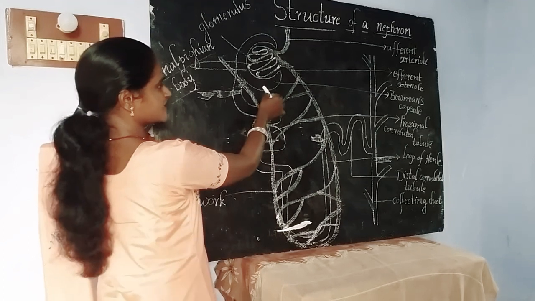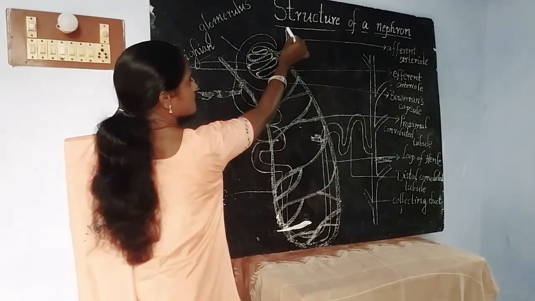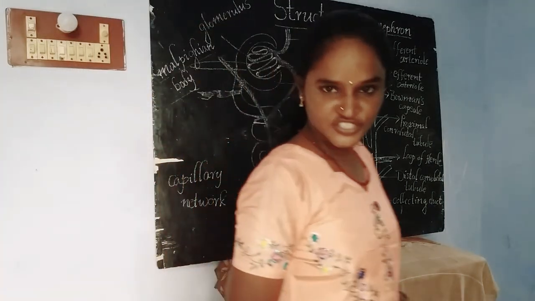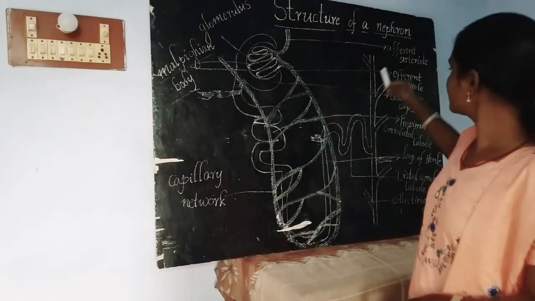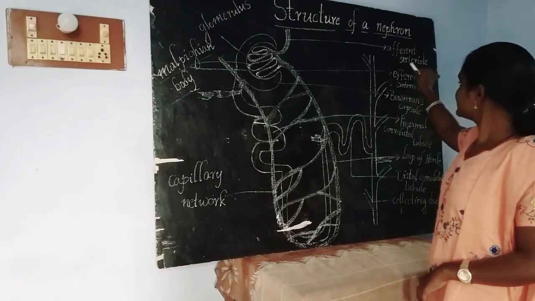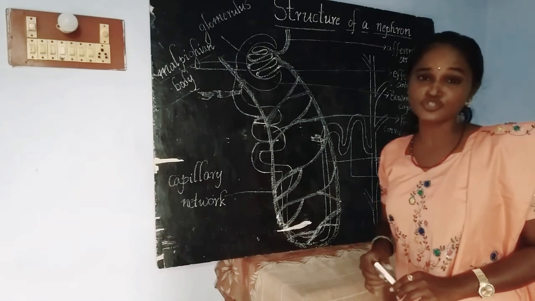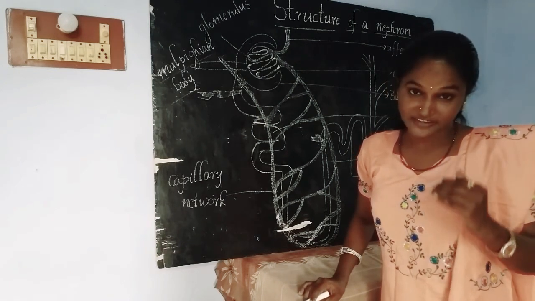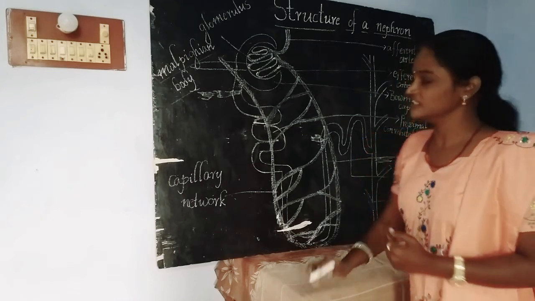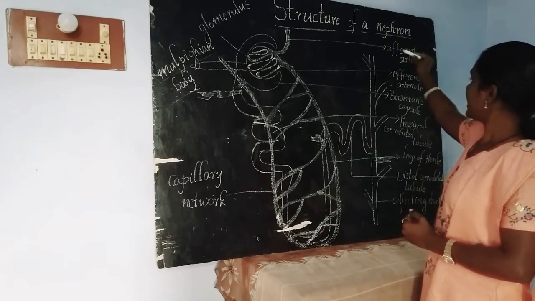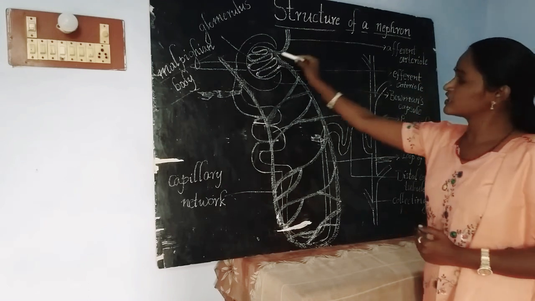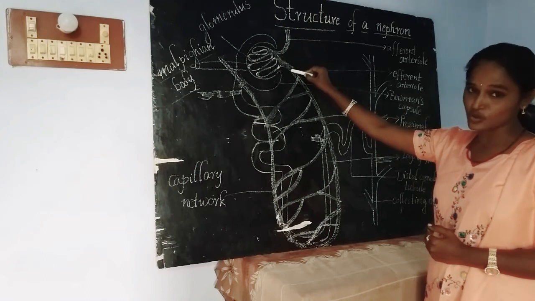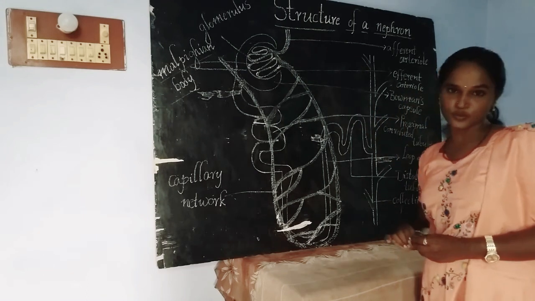This glomerulus is formed from an afferent arteriole. What is meant by arteriole? An arteriole is a branch of blood vessel which is formed from the artery. The afferent arteriole forms the glomerulus, and it ends with another arteriole called the efferent arteriole.